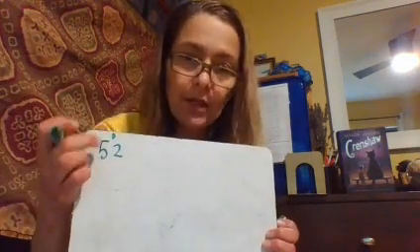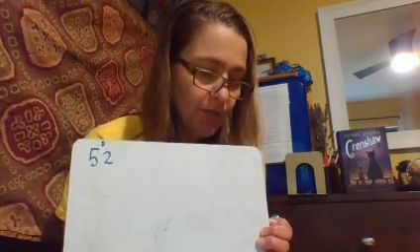Farmer Davis, D, has 52 chickens. Farmer Phil has 15 fewer chickens. And his name is Phil. It starts with a P. Fewer.